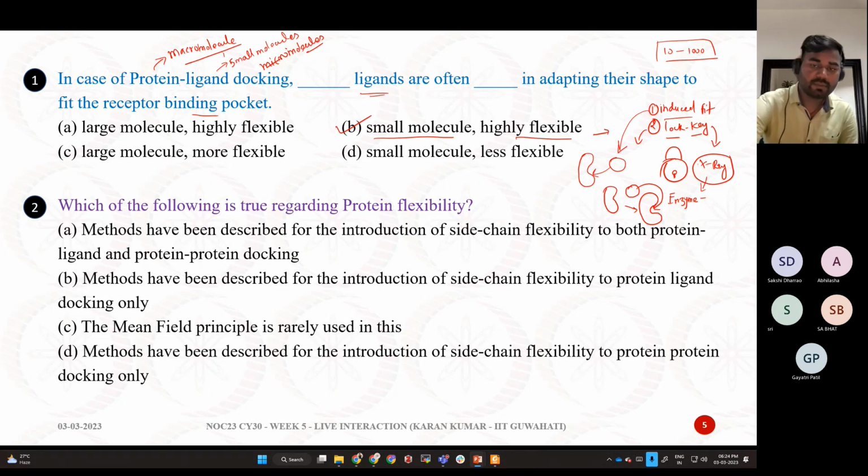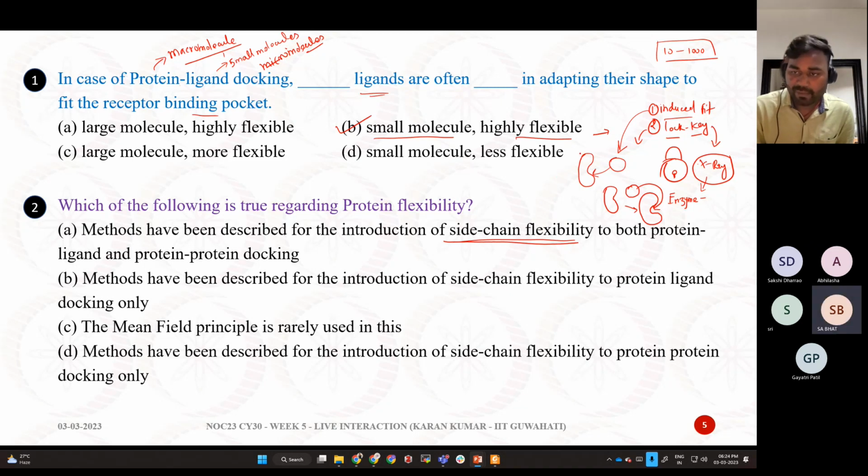Okay. So here, what I talked about regarding protein flexibility, the methods that have been described, these are for the introduction of side chain flexibility. The only thing that can be flexible in the protein is the side chain, because normally proteins have a rigid backbone, and that backbone has some structural constraint.